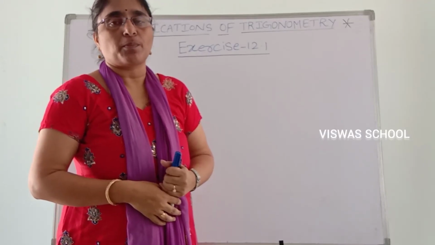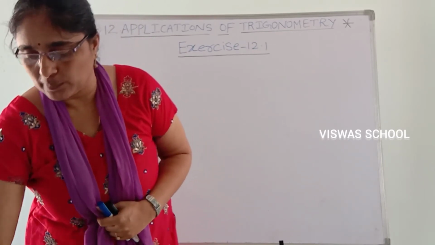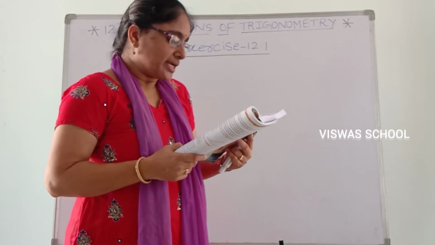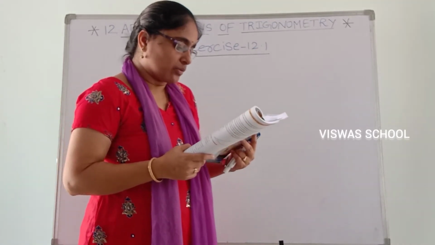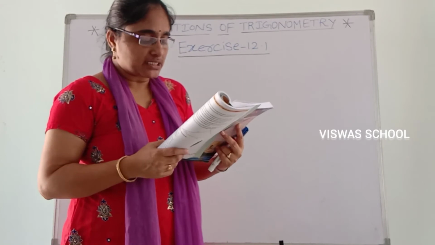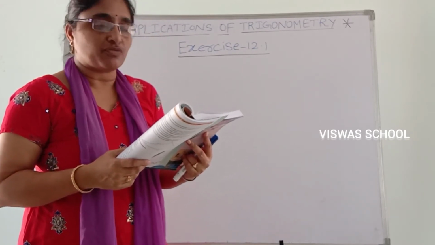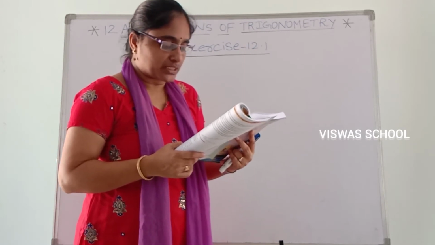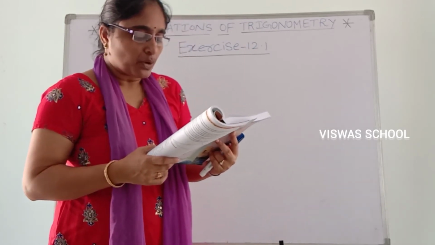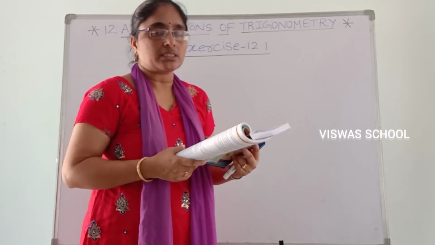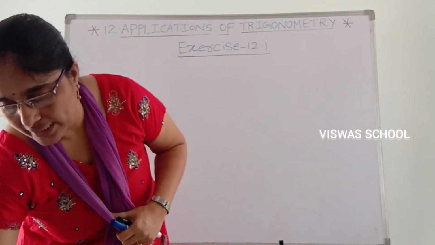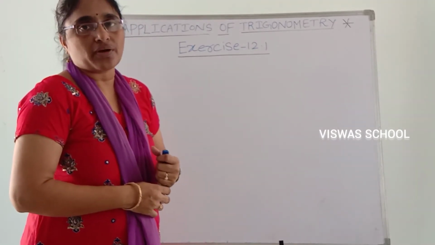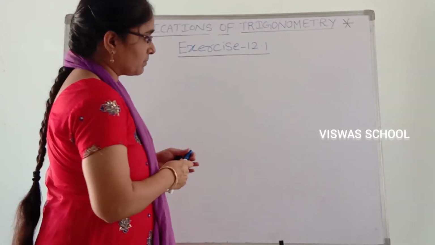Now, exercise 12.1. Let us see the first problem here. I'll read out the problem first. A tower stands vertically on the ground. From a point which is 15 meters away from the foot of the tower, the angle of elevation of the top of the tower is 45 degrees. What is the height of the tower? We want to find out the height of the tower.